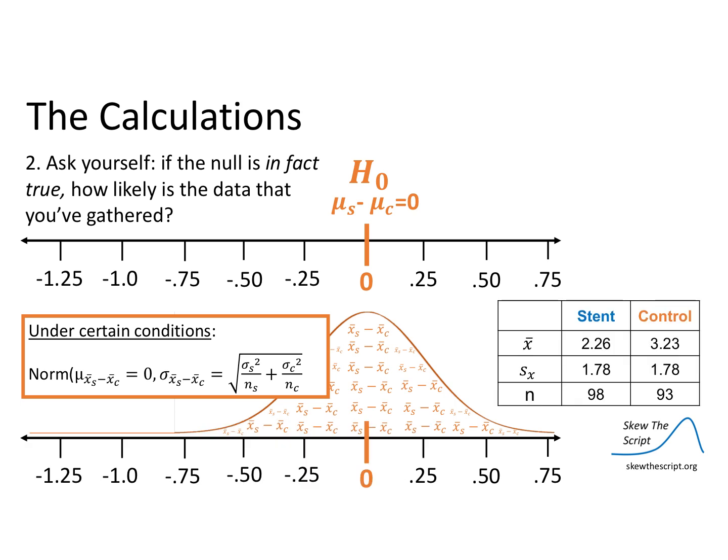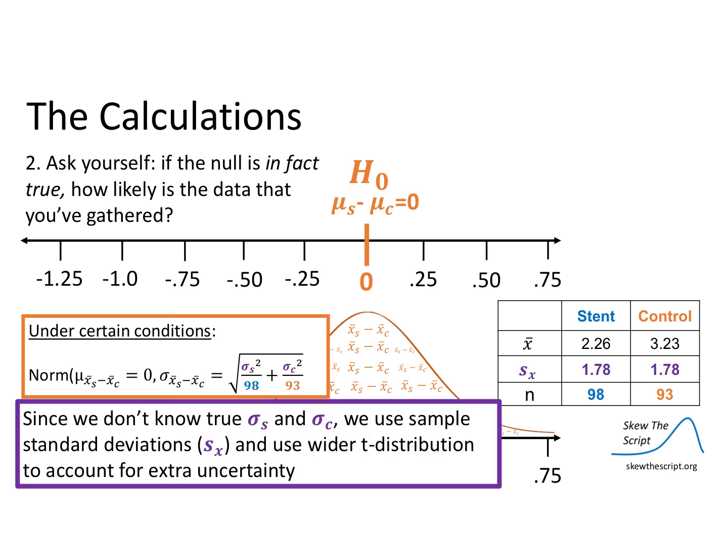So here you can see that we have our data. We can plug in our sample sizes. Since we don't know the true standard deviation, we are going to use sample standard deviations, and this means we must use our wider t distribution to account for the extra uncertainty.